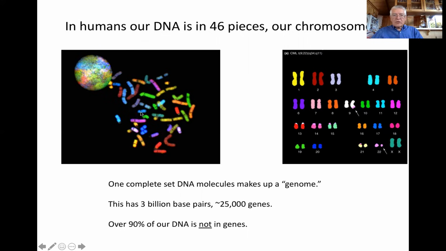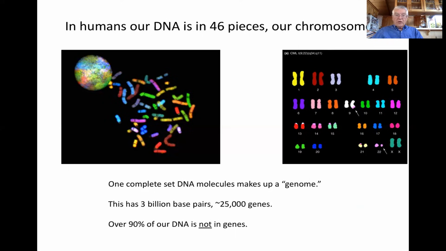And so if you want to, for example, in newborns, sometimes they will do what's called a karyotype analysis. Karyotype simply means, what do all your chromosomes look like? And what we're looking for here is some abnormality in a chromosome. All right.